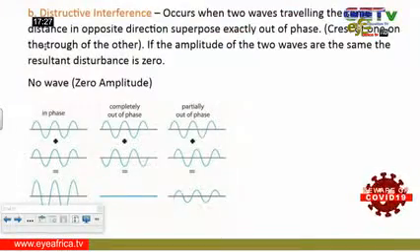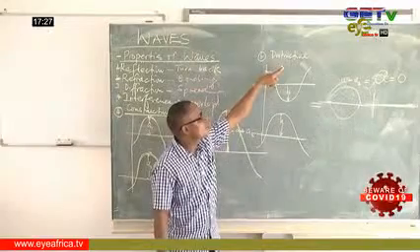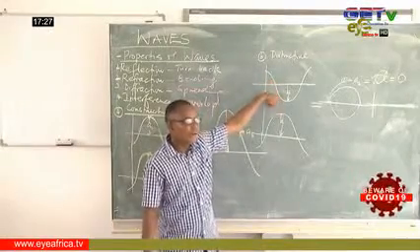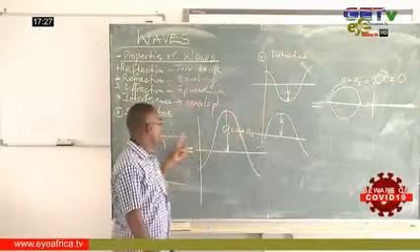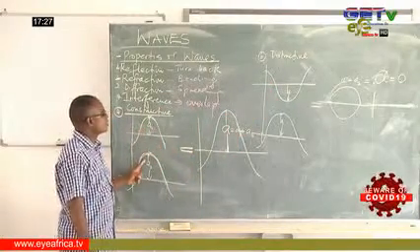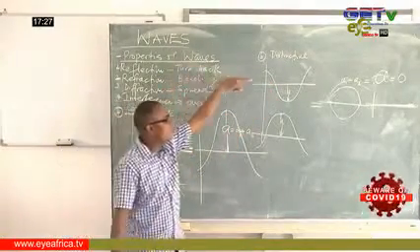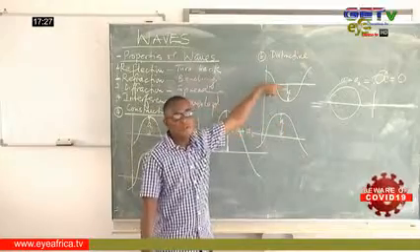You see the first two waves, they are in phase. Here, the superposed constructive interference, they superpose in phase, and in this other one, the superposed destructive interference, they superpose out of phase, or antiphase. So in phase is constructive interference, and antiphase or out of phase is destructive interference.